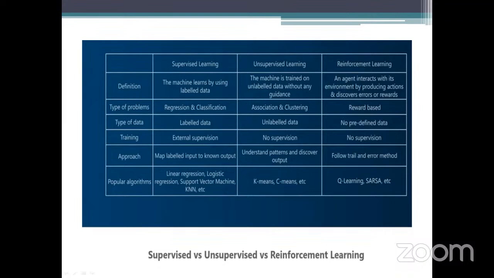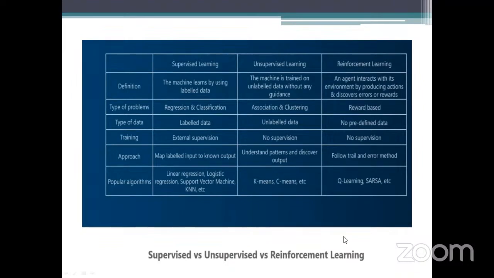No knowledge is given. By producing those actions, it discovers the errors; so many errors will come, and finally it will get the rewards. So this is the definition for supervised, unsupervised and reinforcement learning.